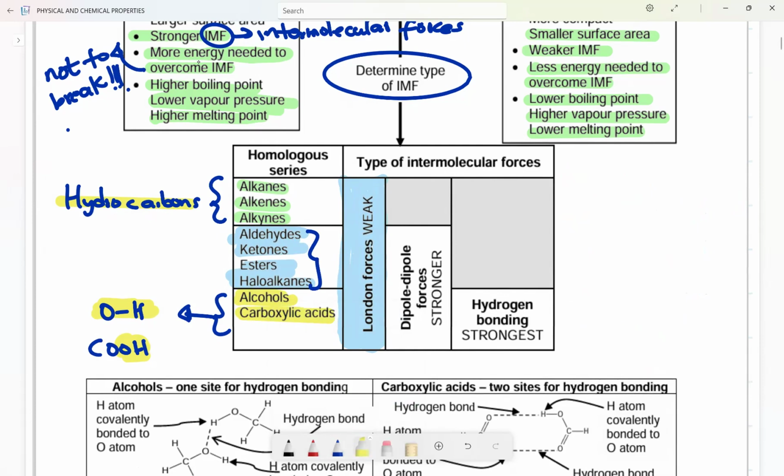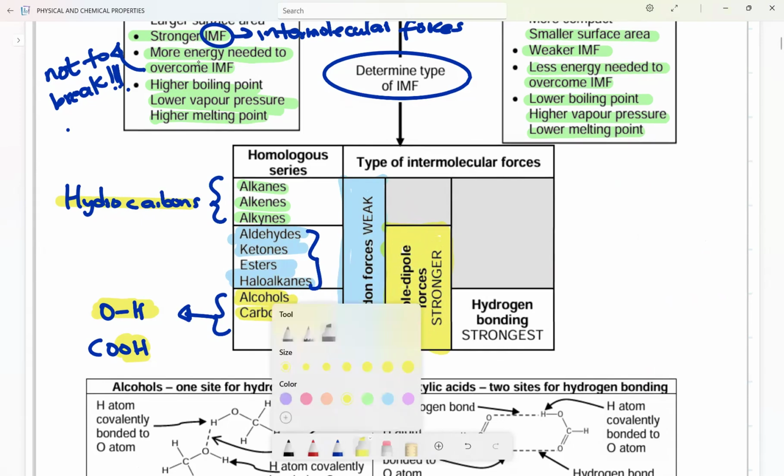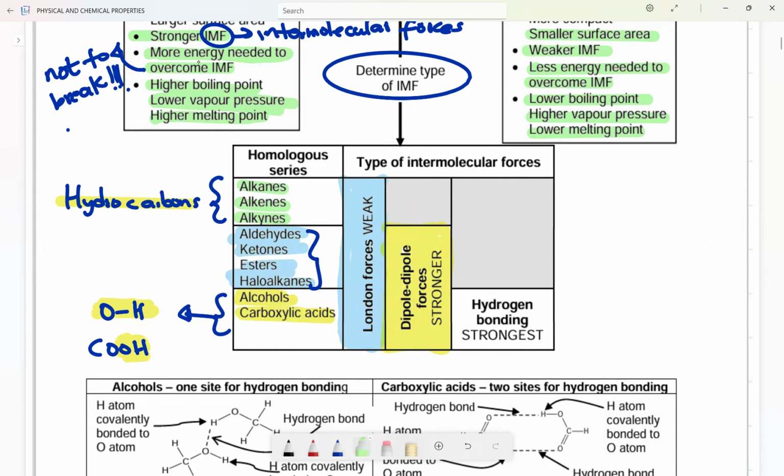Then from aldehyde going down, excluding the hydrocarbons, they have dipole. Then lastly, these ones are unique. They are the only ones that have hydrogen bonds.